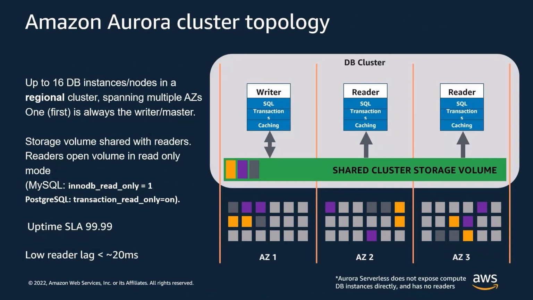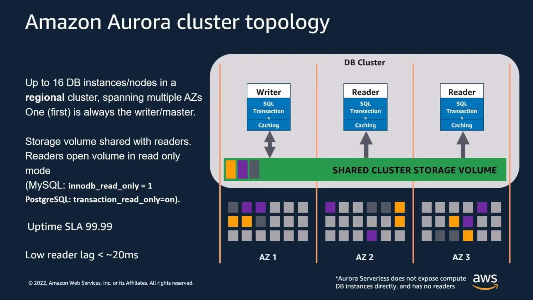The distributed and decoupled storage technology lets us further innovate in how Amazon Aurora scales. Amazon Aurora can have up to 16 nodes in a cluster, one writer node and up to 15 reader nodes. The first node will always be the writer node. Storage volume is shared across all of the nodes, readers and writers. Readers open the volume in read-only mode, which can be verified by looking at the database-specific flag depending on the database engine you're using.